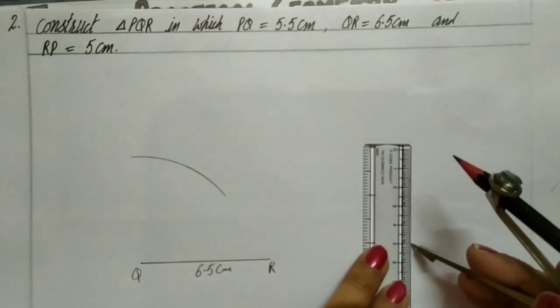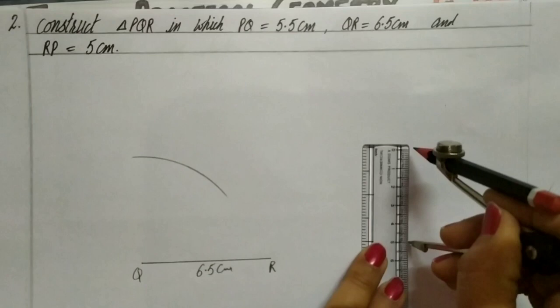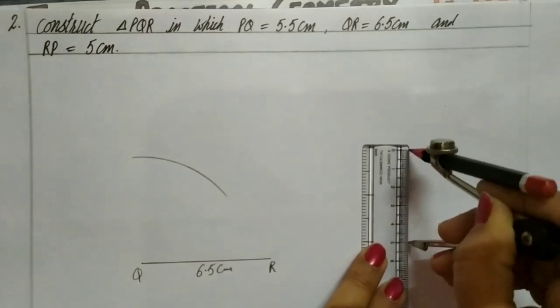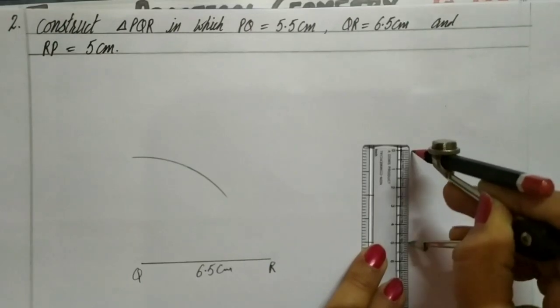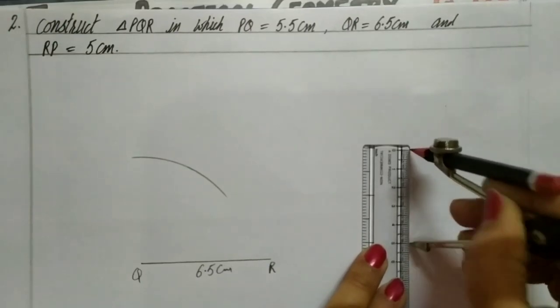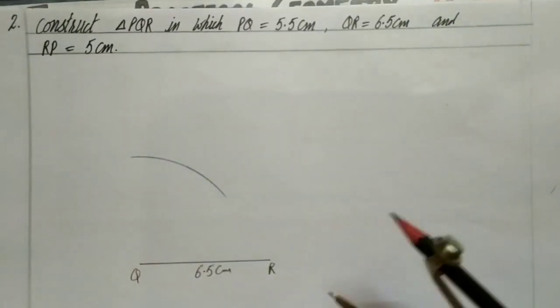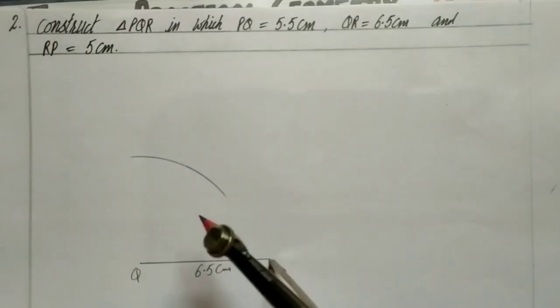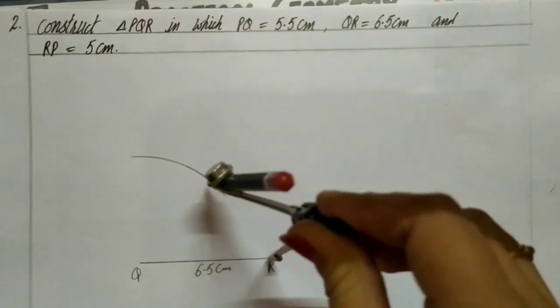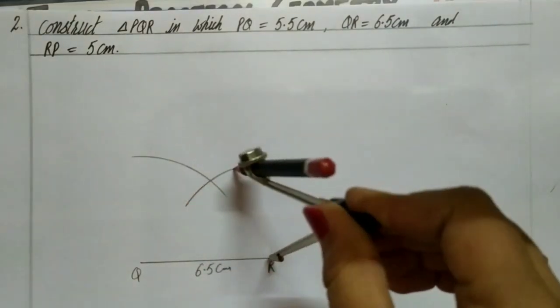Then the third side is given 5 centimeters. So now we have to open the compass 5 centimeters. Since this is the third side, it's 5 and it's RP. There is point R here. So put your compass over here and mark a convenient arc of the circle that will intersect the previous one.